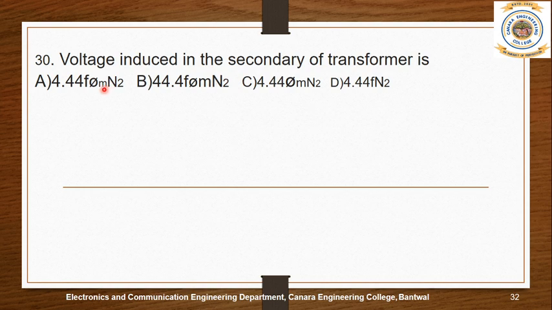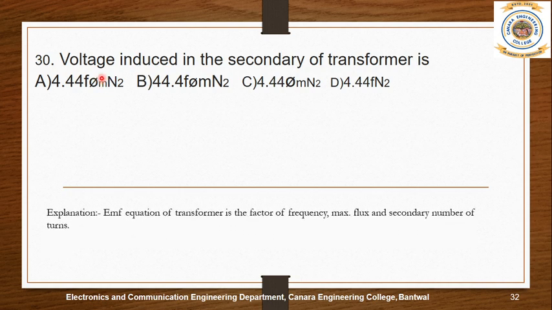Frequency, maximum flux induced, FM. Here FM is not there, so D is not the option. F, phi M, N2, number of turns. So the answer is among A and B. Now as I told, it depends on a form factor. So form factor is 4.44. So option A is the right answer.